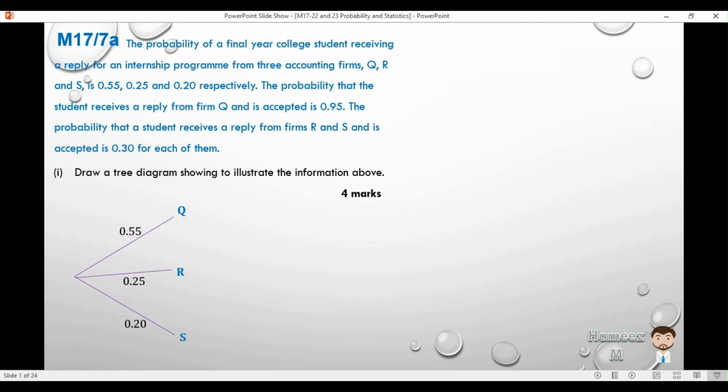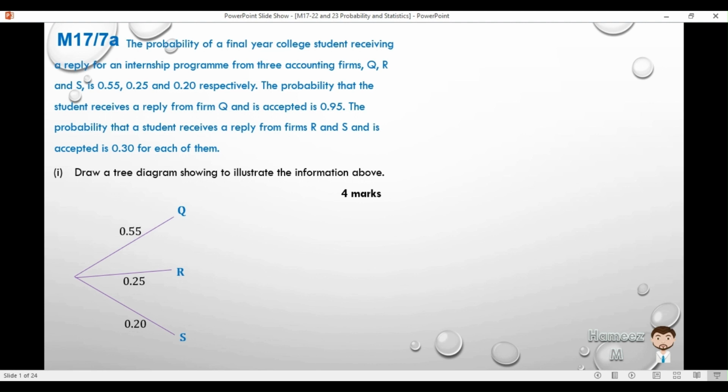And of course, when we're looking at the sum of probabilities at a point of an option, Q, R, and S, it must total 100% or 1.0. And if we add up 0.55 and 0.20, that will give us 0.75, and 0.25 will give us 1. So it makes sense.